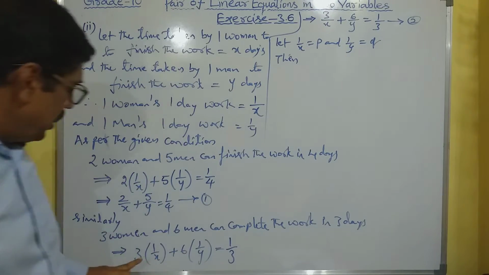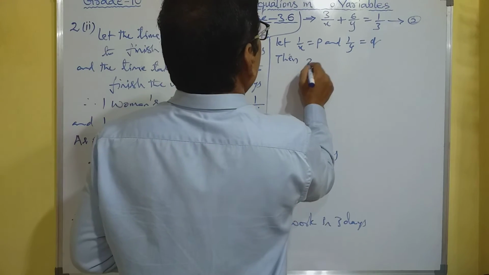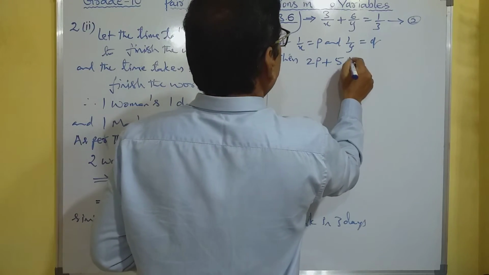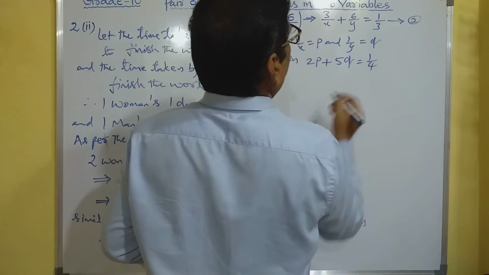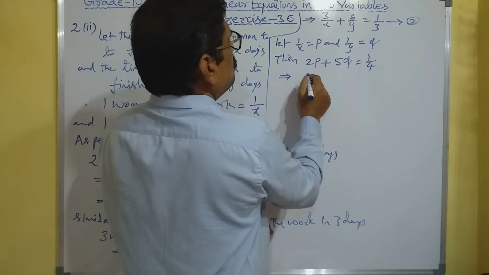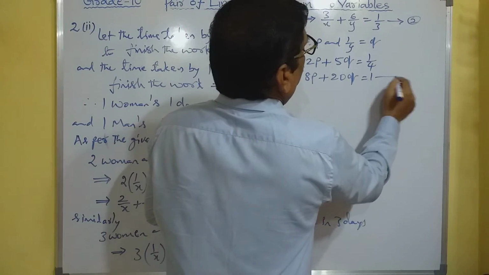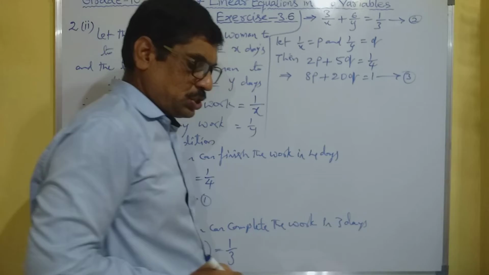Then here 2 by x plus 5 by y means 2p plus 5q is equal to 1 by 4. So if you multiply with 4, 4 2s are 8p plus 4 5s are 20q, 4 into 1 by 4 is 1.